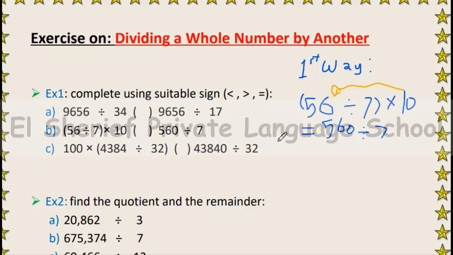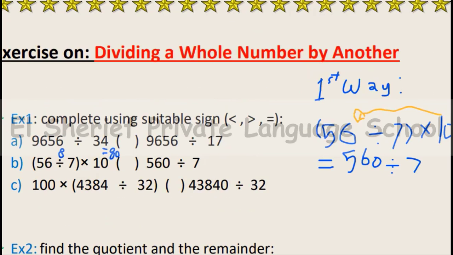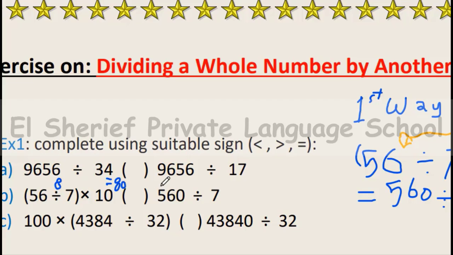Or we can do the dividing operation: 56 divided by 7 equals 8, and 8 times 10 equals 80.